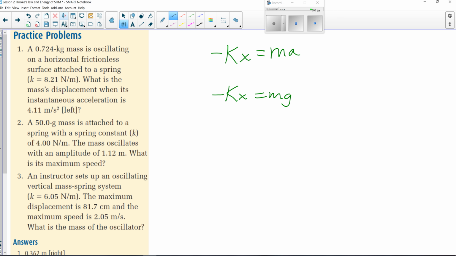In that situation, what is the net force? The mass is just hanging there from the ceiling on the spring. 0, exactly. So it would still be a sum of all forces thing. Negative k times x plus mg would equal 0. Those two forces are equal but opposite. So those are the situations that you can encounter with Hooke's law.